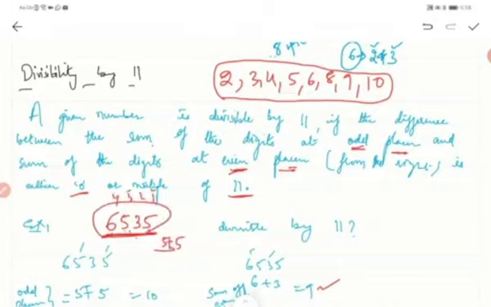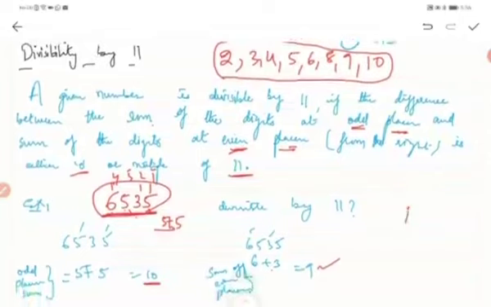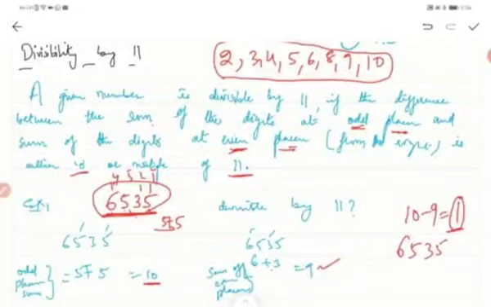And for even places we will get 6 plus 3, so 6 plus 3 is 9, and 5 plus 5 is 10. So 10 minus 9 will be how much? 1. So the difference of the sum of digits at odd places and the sum of digits at even places is 1. So this number 6535 is not divisible by 11.